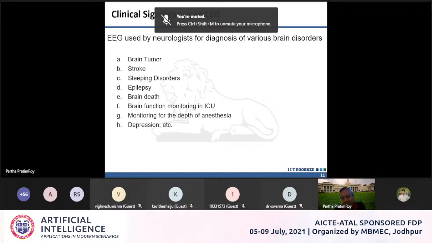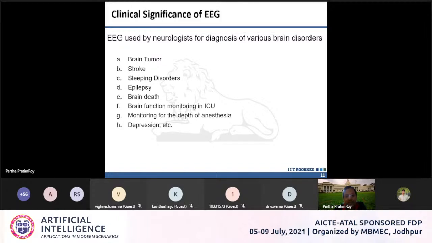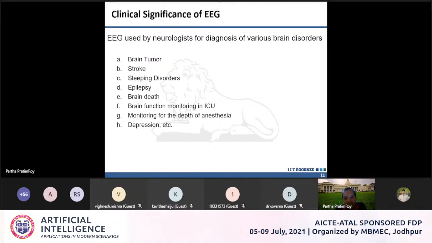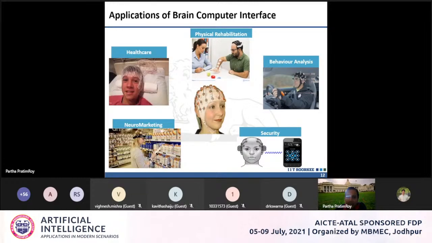These kinds of brain disorders are diagnosed with EEG. More or less, almost all these brain-related diseases are diagnosed.